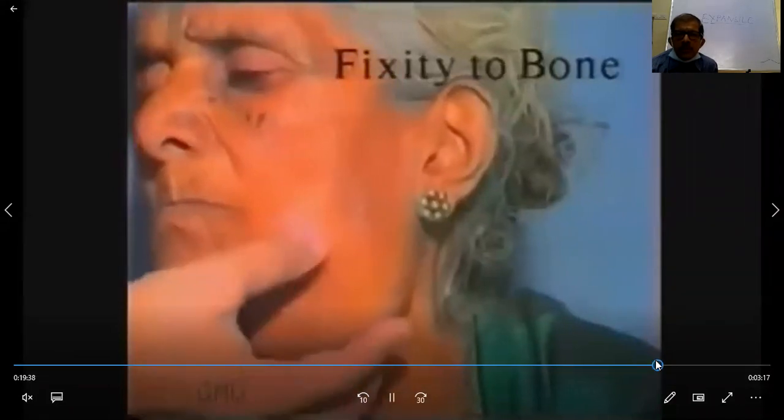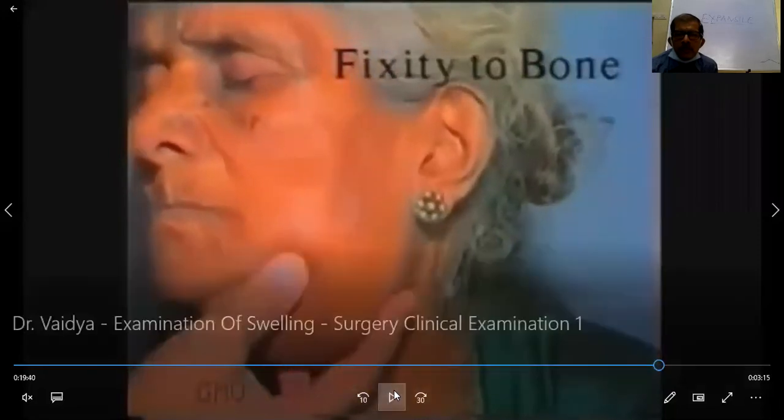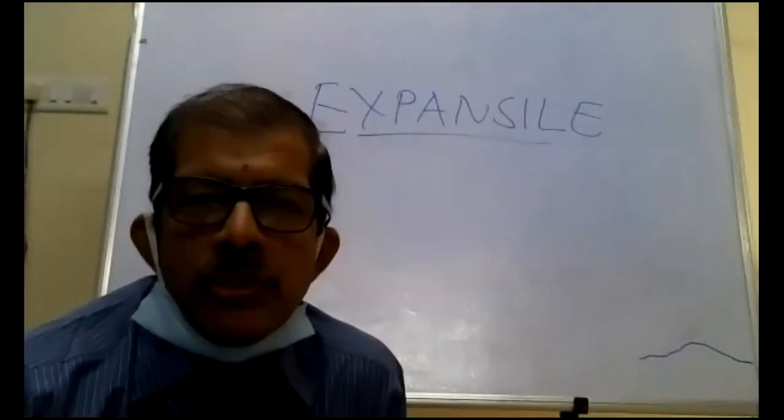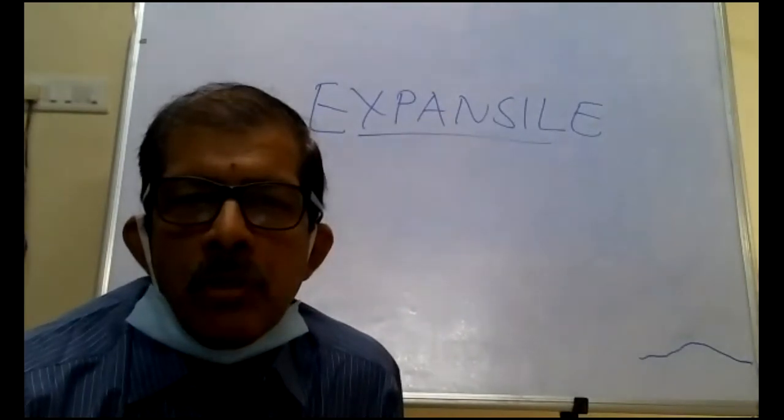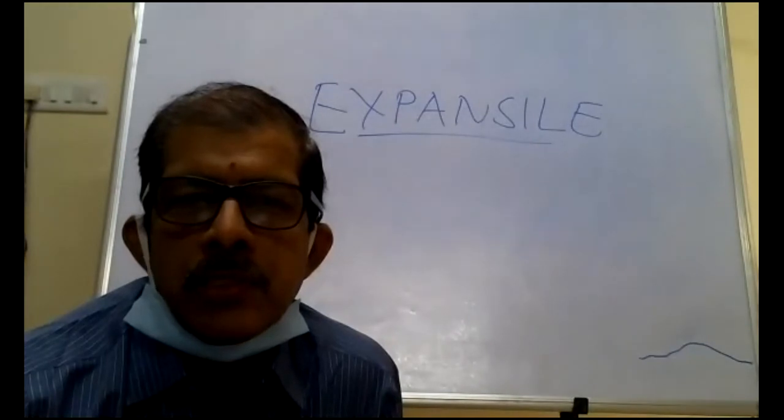What is the diagnosis in this case? Can you predict? It is in the jaw. Jaw swelling. What is the common jaw swelling? Around middle age, jaw swelling is underlying pleomorphic adenoma. Carefully see this.